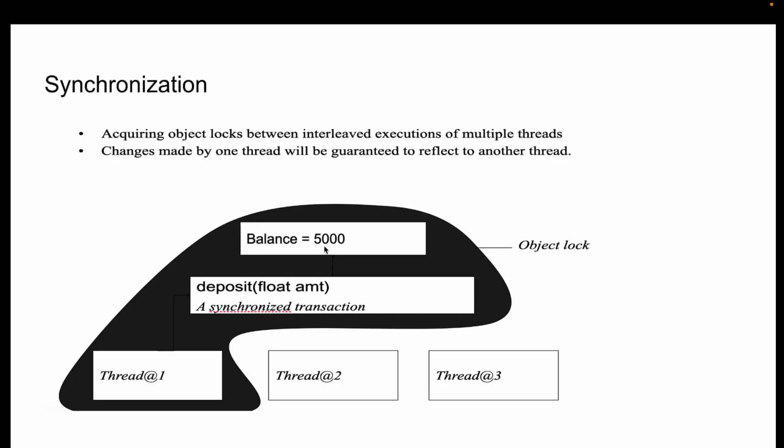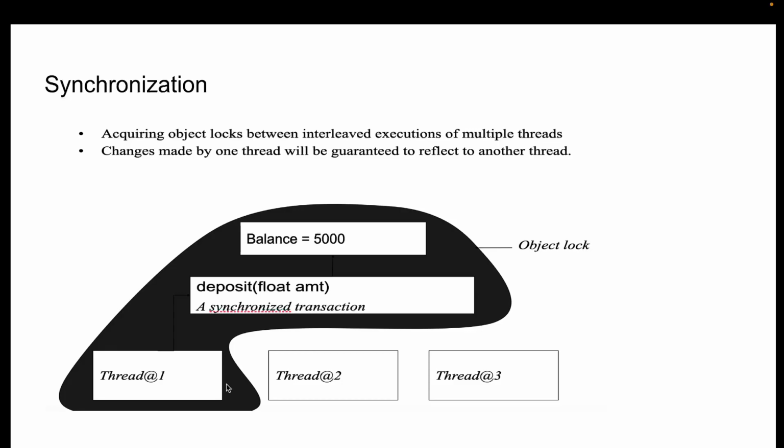Let's say the balance is $5,000 and there is a deposit amount. When you deposit the amount, you want only one of the threads to perform the operation.